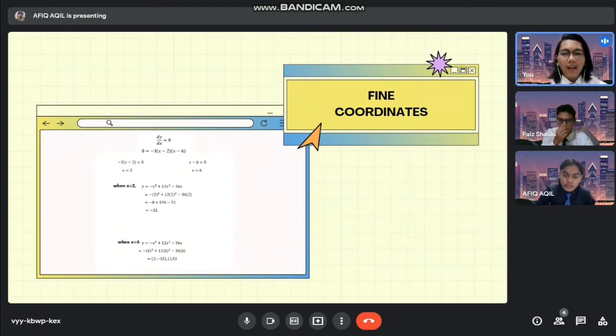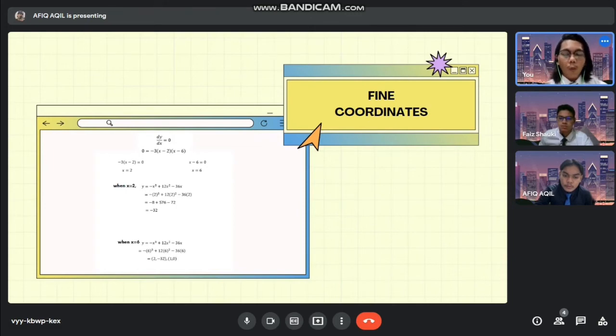After we calculate it, we get negative 8 plus 48 minus 72, and the answer is negative 32.